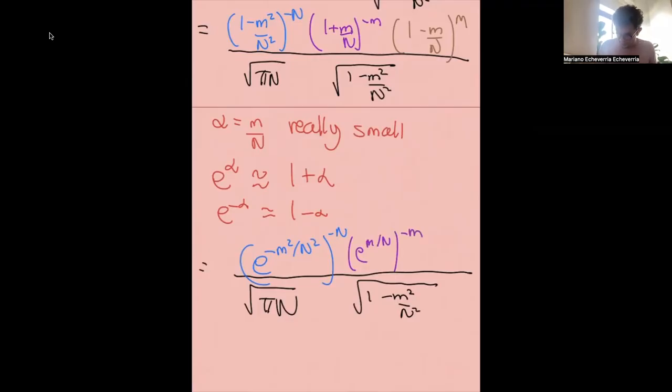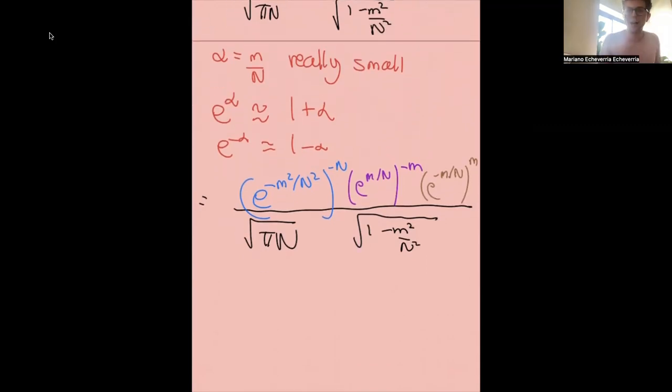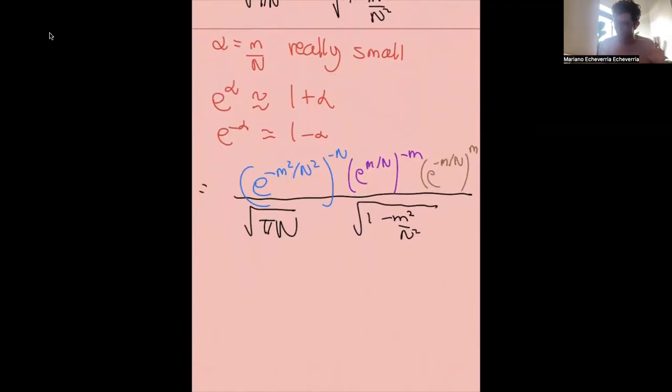And the other one will become e to the minus m over n raised to the m. Is that making sense? I don't know if you see our good friend, the Gaussian, starting to appear already. It may not be so clear, but it will appear very soon.